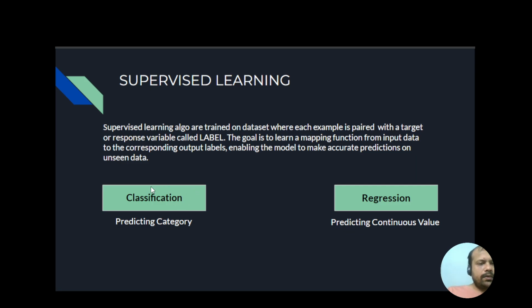Such kind of problems come under classification. Regression is where you are predicting a value. As we were discussing in the rainfall example, you are predicting that on this day, with these values, what could be the amount of rainfall, right? Such kind of things come under regression.